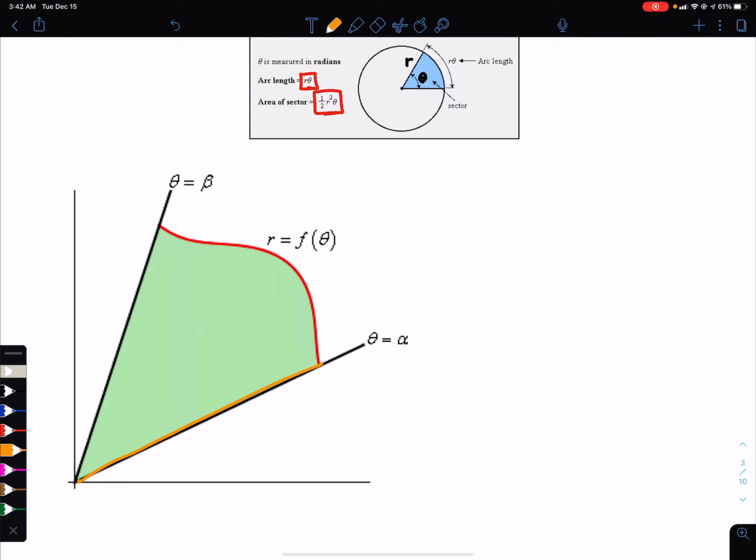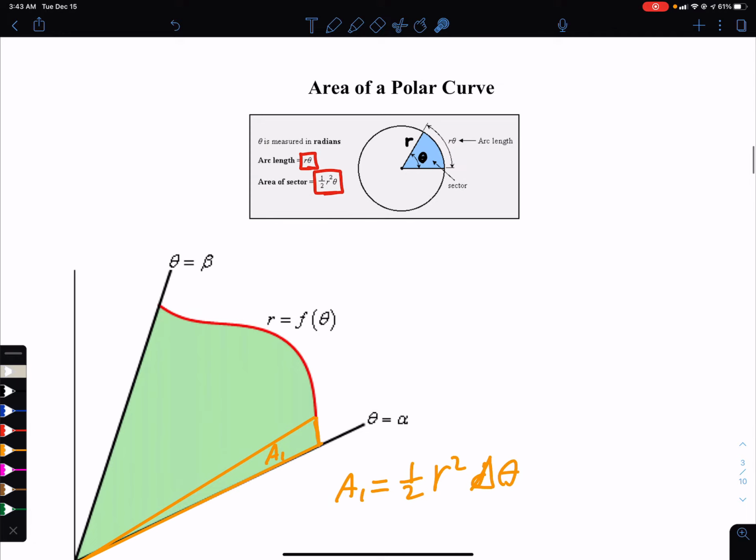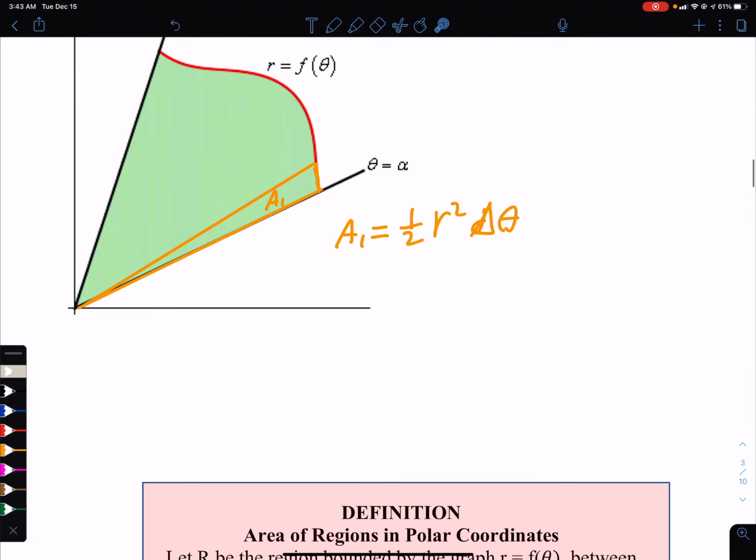So if I go from that angle there to that angle there, that produces this little strip here. But I can approximate the area. I'll call that A1. That area, A1, is going to be 1/2 r squared delta theta. Whatever that angle is, that's going to be an approximation, because this works if you have a circular arc. Now, obviously, that's not a circle, so it's not quite accurate.